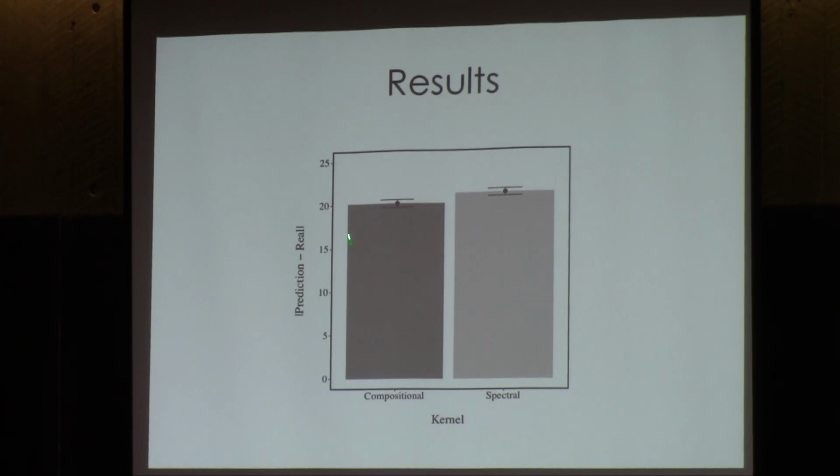This is kind of hard to see. But even in this traditional function learning paradigm, you see an advantage of compositional over spectral kernels. What I'm showing you here is the difference in prediction minus true function. So people are better at learning that function if it's compositional.